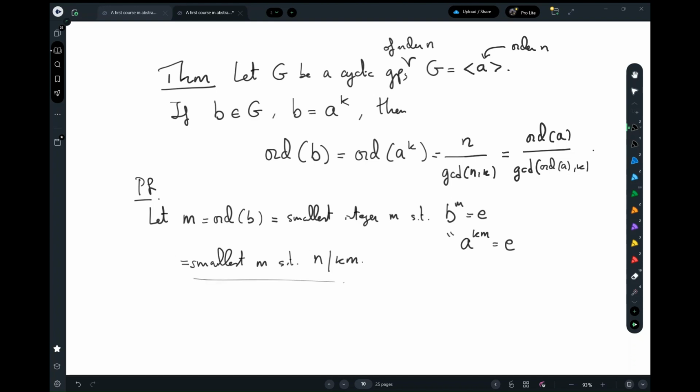So what is that going to be? Well, let's write d for the GCD of K and n.